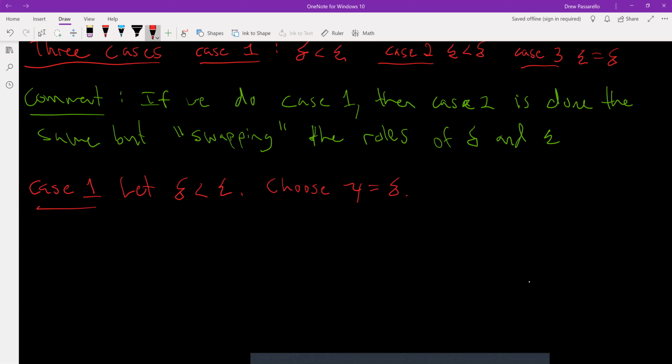And then I'm going to show, so we want to show that the intersection of the epsilon neighborhood with the delta neighborhood is the same as the gamma neighborhood. That's what we wanted to show.